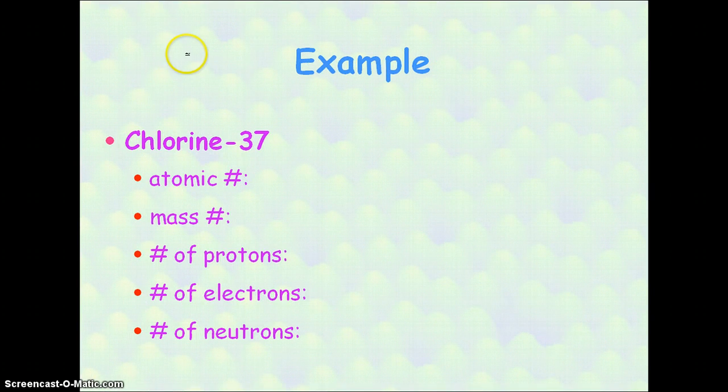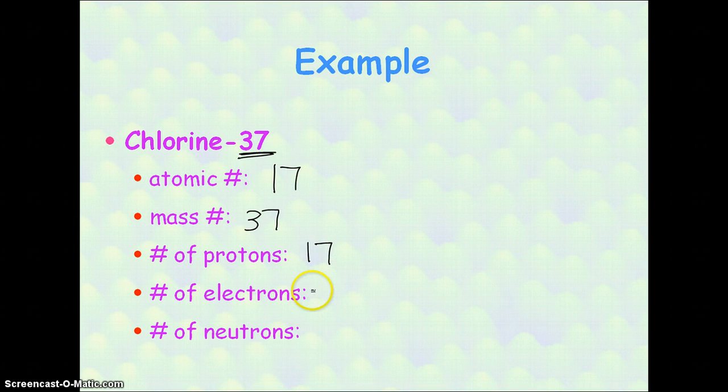All right, now let's look at some examples. Okay, so we're given this information, and then we need to figure out all of this information and try to come up with a symbol. All right, so chlorine-37. Okay, so we know that the atomic number for chlorine is 17, and that's straight off the periodic table. And we know the mass right there is 37. Okay, so that means the number of protons we have are 17.